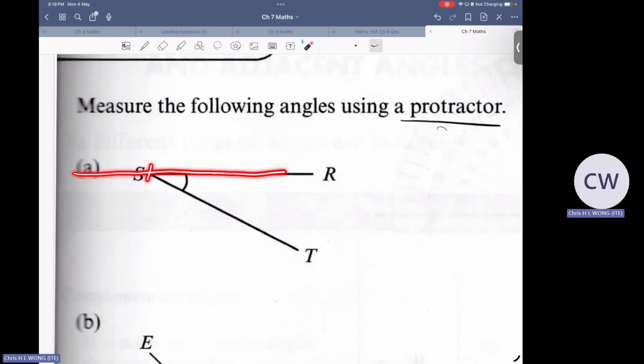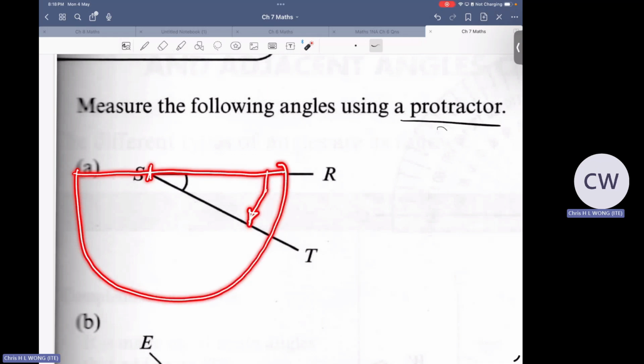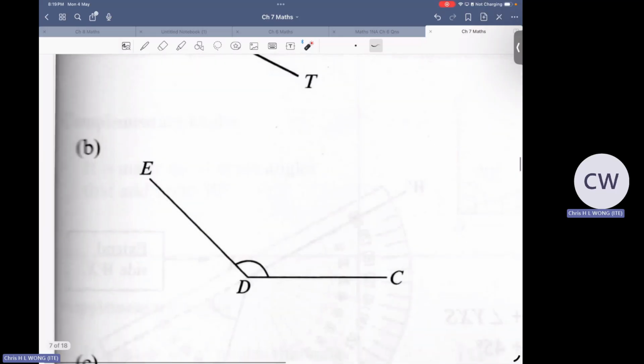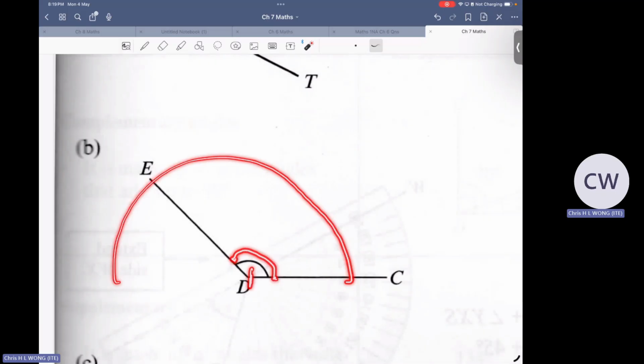Your center is here, you read from here to here, the other way around, isn't it? So you must know what to do. Or you can read from here to here, then 180 minus this, also can.